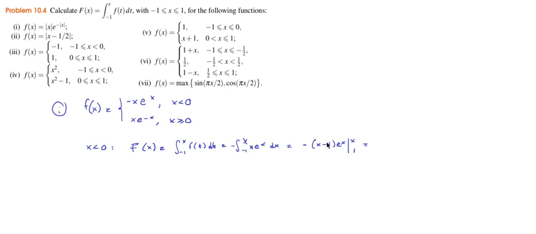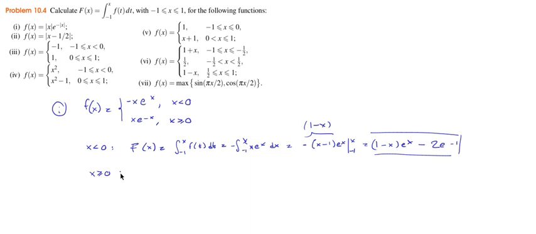So we could write this like 1 minus x e to the x, and then minus, so this is minus 1, okay? So when this is minus 1, this is 1 minus 2 e to the minus 1, right? So this is F of x if x is smaller than 0, right?